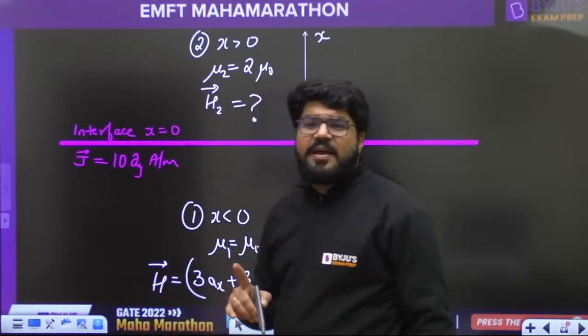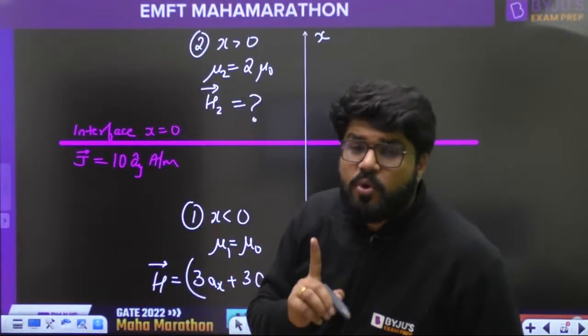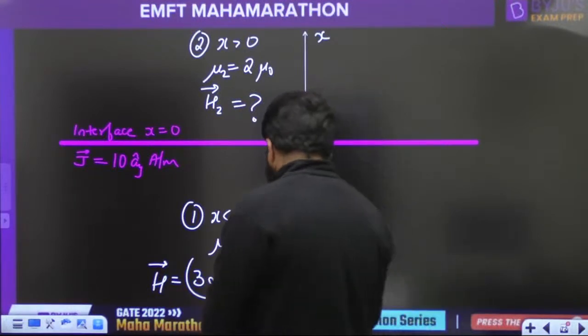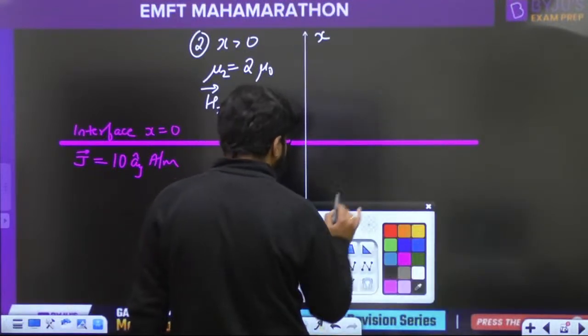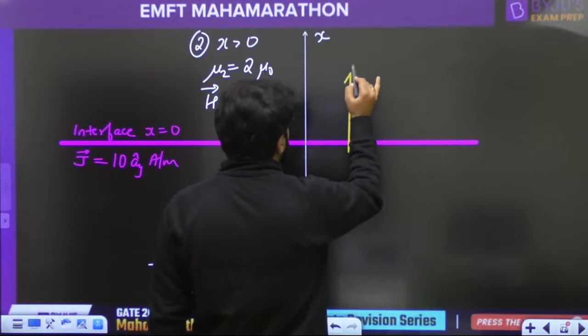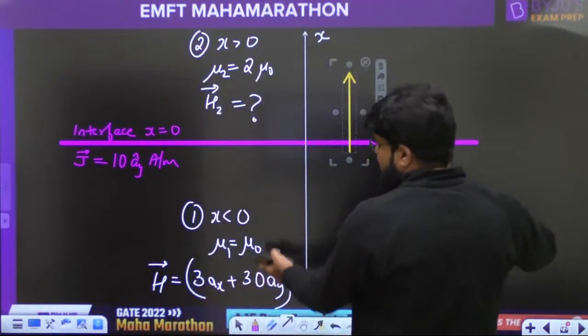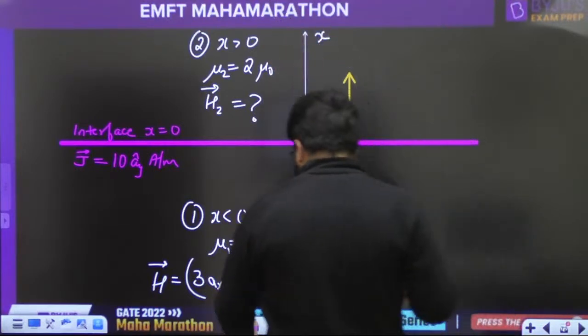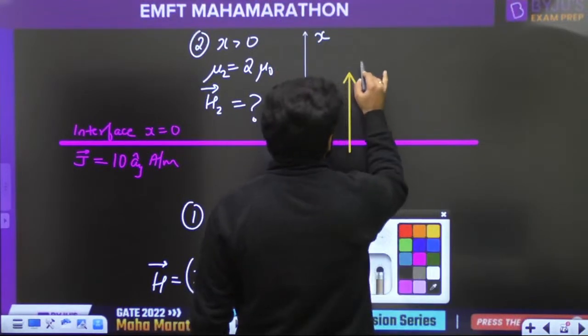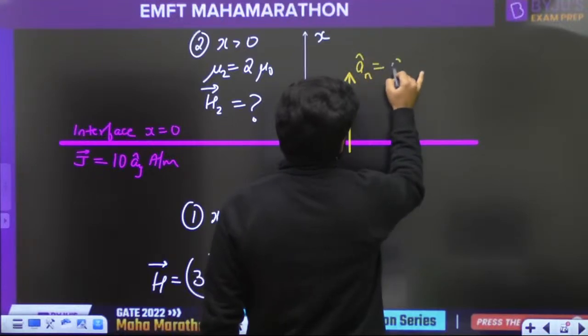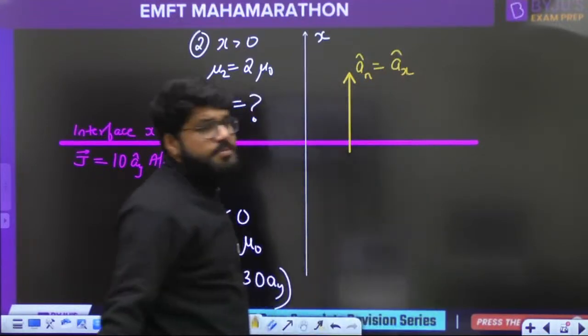AN is the unit vector normal to the boundary, directed from region 1 to region 2. So what is the unit vector normal to the boundary here? This is the boundary, this is the interface, and the unit vector from the first to the second region is in the positive x direction. So AN is plus AX.